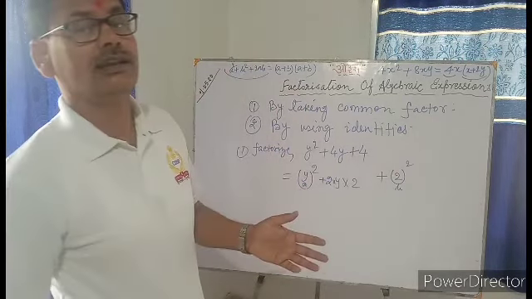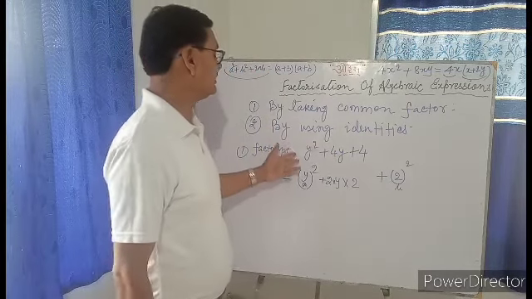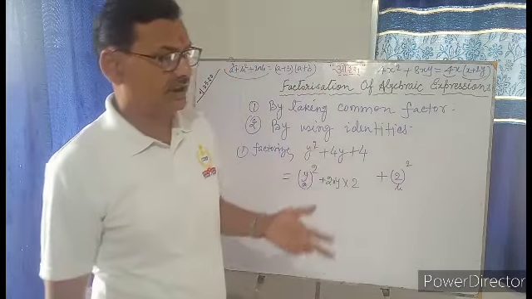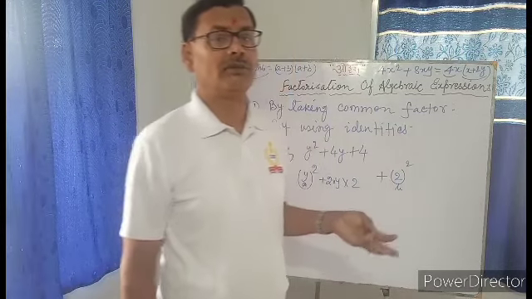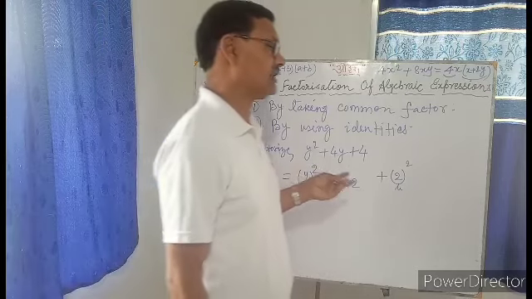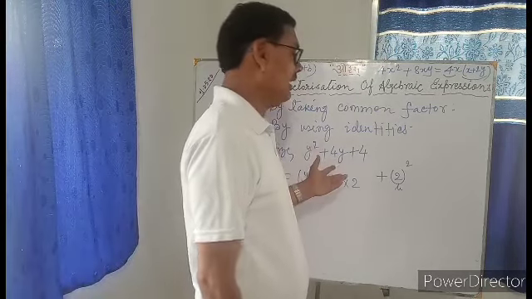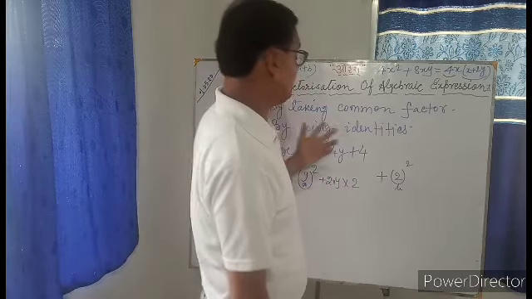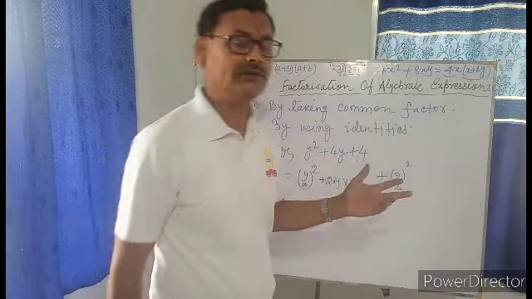Let us understand it once again. Here there are three terms. So naturally we have the identities a plus b whole square, a square plus 2ab plus b square, and a minus b whole square, a square minus 2ab plus b square. In a minus b whole square the middle term is negative, but here the middle term is positive.